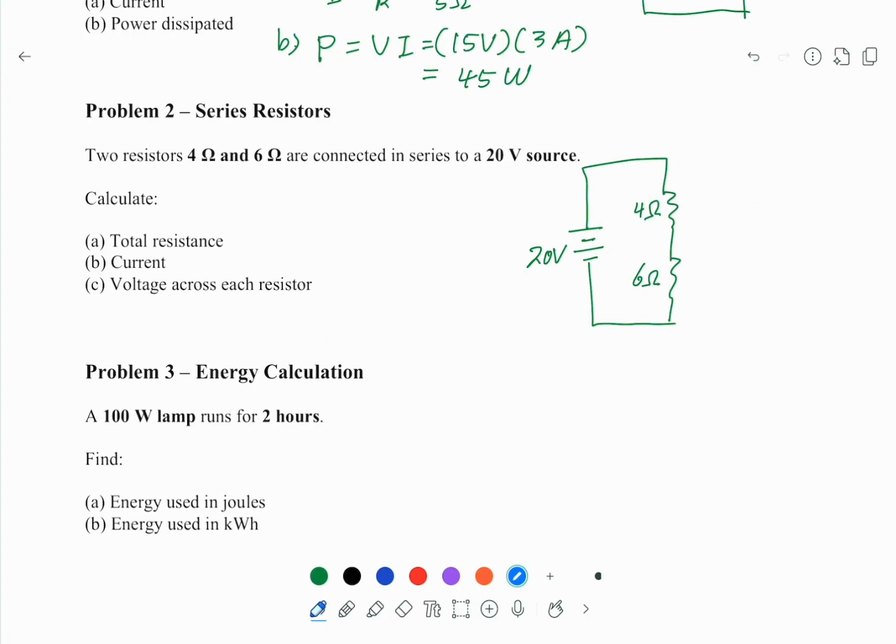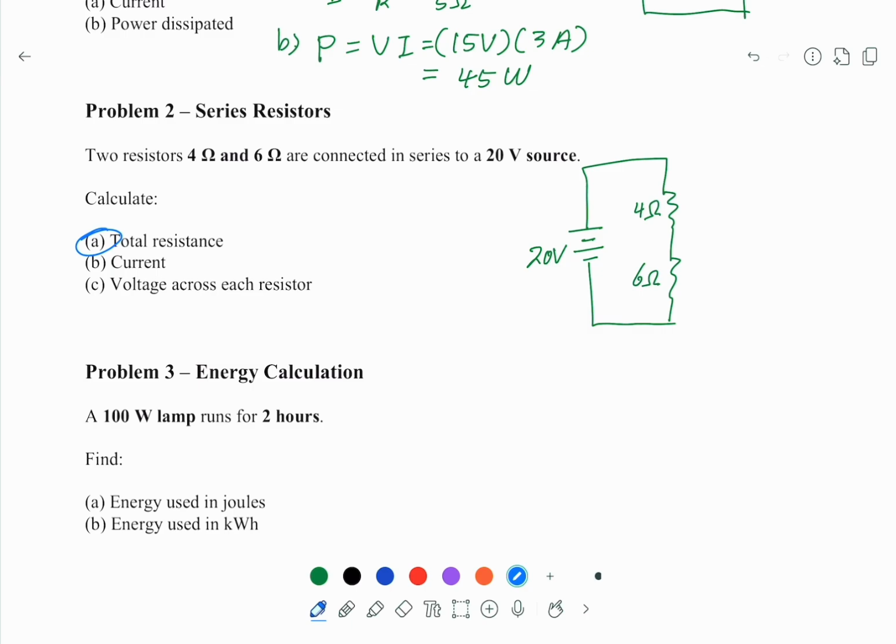Problem number 2. We have two resistors, 4 ohm and 6 ohm. They are connected in series, and the power source is 20 volts. First, we want to find the total resistance.